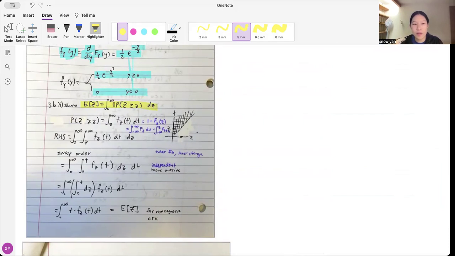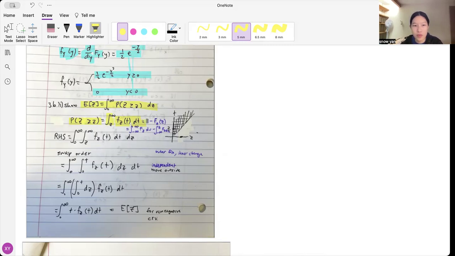So we're going to first start off with what we know. If we're going to take an integral, we have to rewrite P(Z greater than or equal to z) in some better format. So P(Z greater than or equal to z) can essentially be written as the integral from z all the way to infinity, because we're greater than or equal to. So it's from z to infinity of f_Z(t) dt. That's just the integral of the area of that.